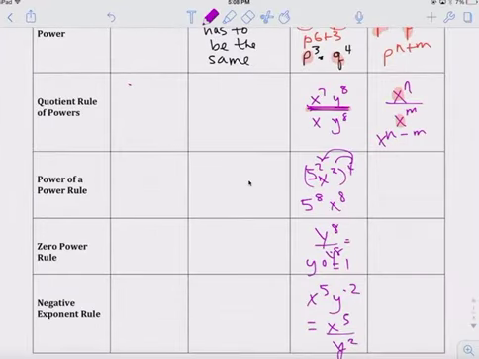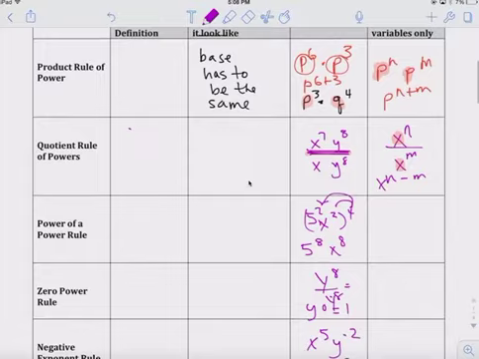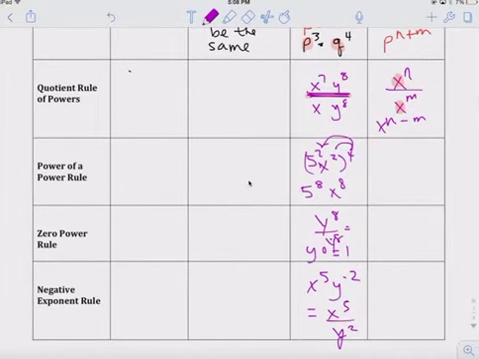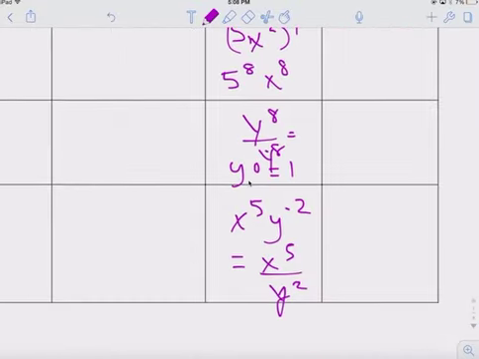Characteristics, you can write the characteristics. You see a negative exponent, you move it, or that could be the rule also. All you need to do here is go x to the n, y to the negative m. The base has to be the same.